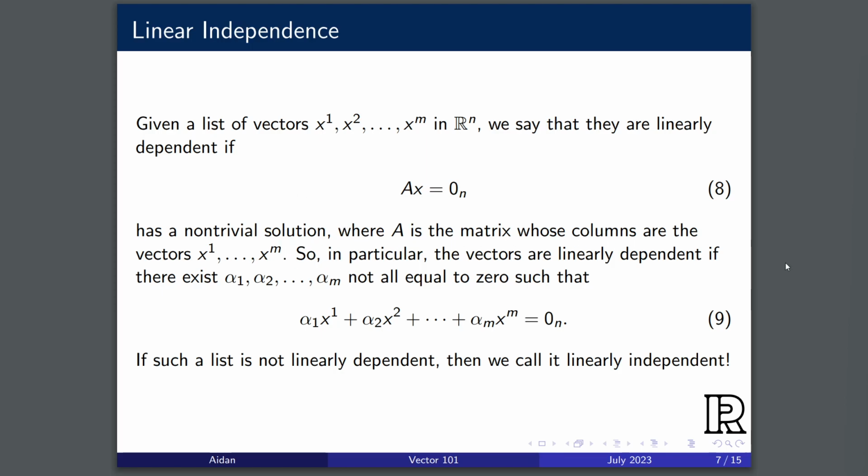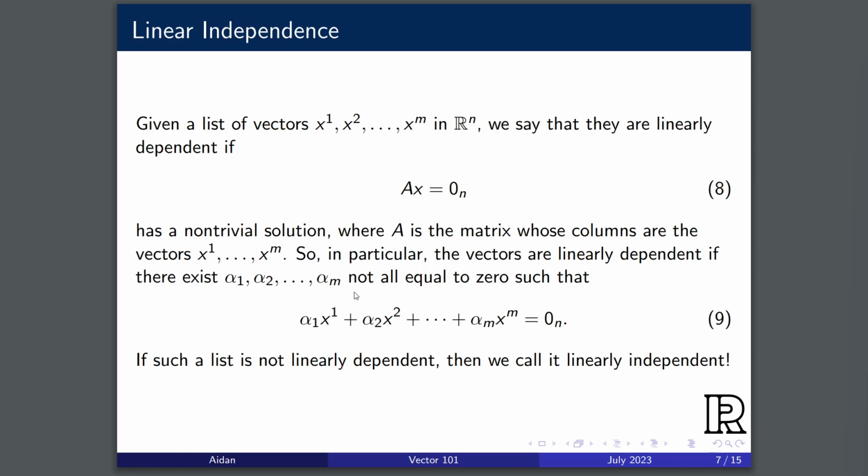This problem here is a whole new problem, but it turns out that if you solve the null space problem, you solve this problem here, which is that the vectors are linearly dependent if you can find some scalars, alpha 1 through alpha m, that are not all 0, where you can add these scalar multiples up and get 0. Right? So if all the alphas were 0, then this would obviously add up to 0.